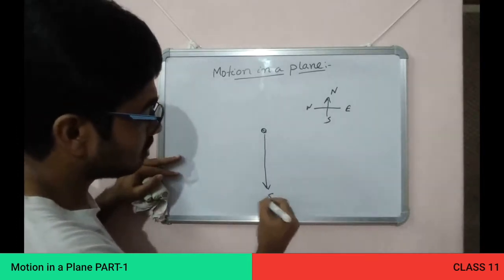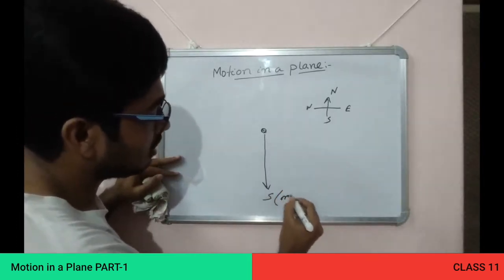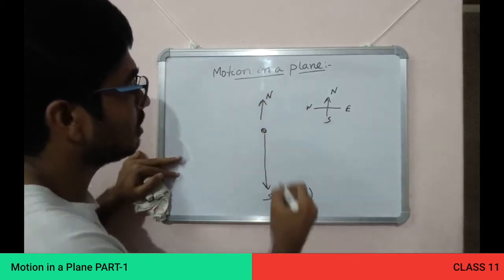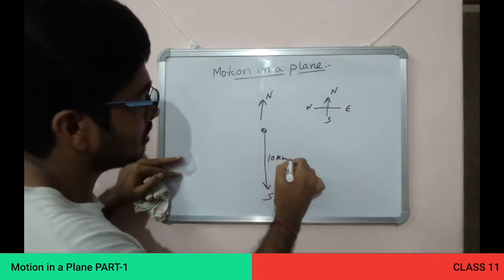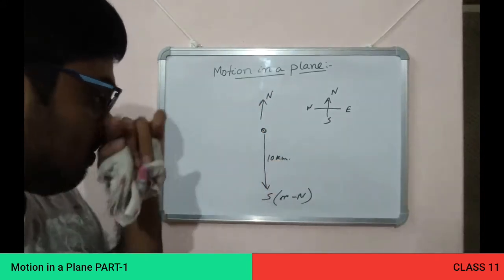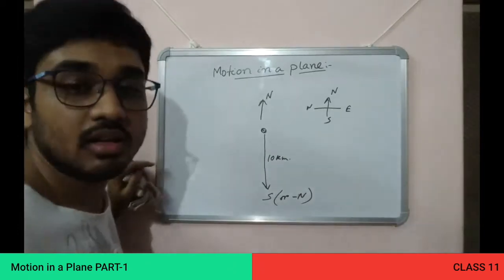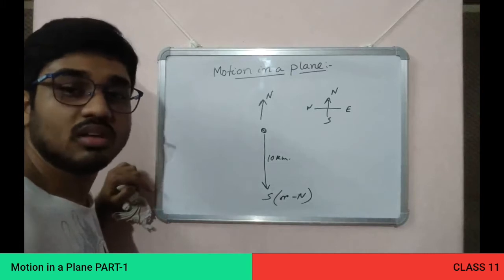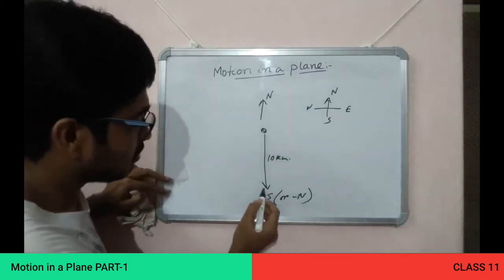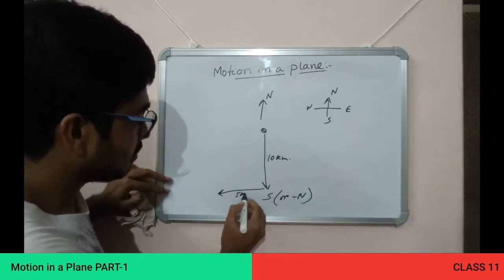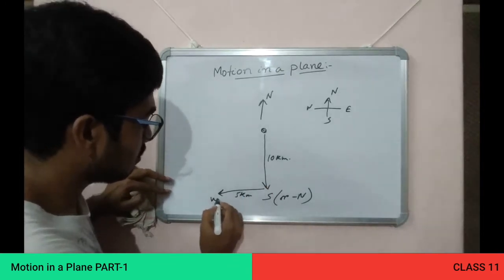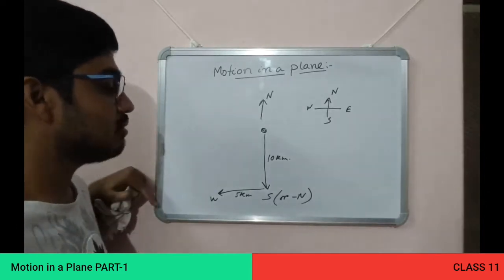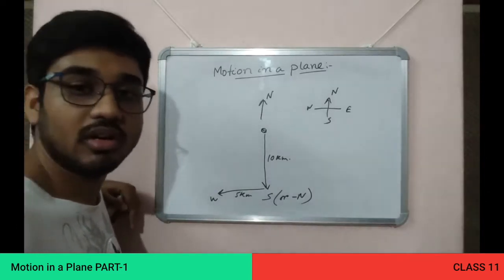This is our general north, west, east, south. So this is south, or negative north, as this is our north, this is 10 kilometers. And after that, you ask him to move another 5 kilometers towards west. So now ask him what is his final position and coordinate.